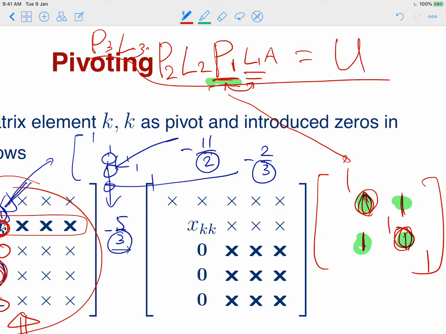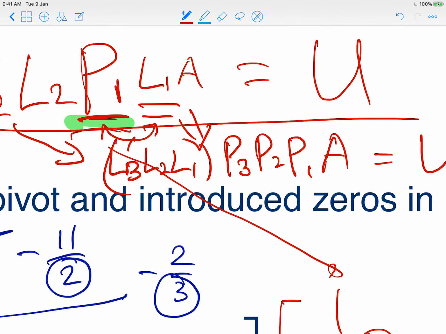But here, we want to obtain this kind of thing: P3, P2, and P1 and matrix A, L3, L2, L1, and U. Okay, so in this case, these L matrices will be slightly different from the original L1 through L3.